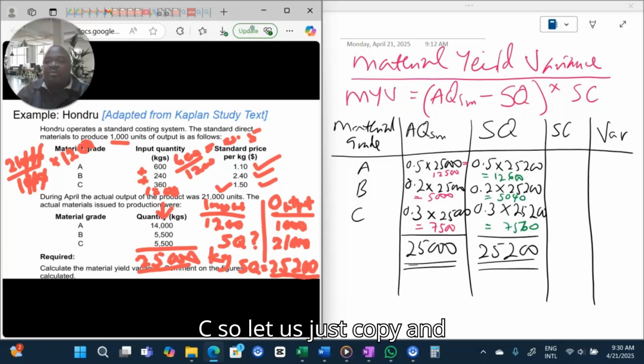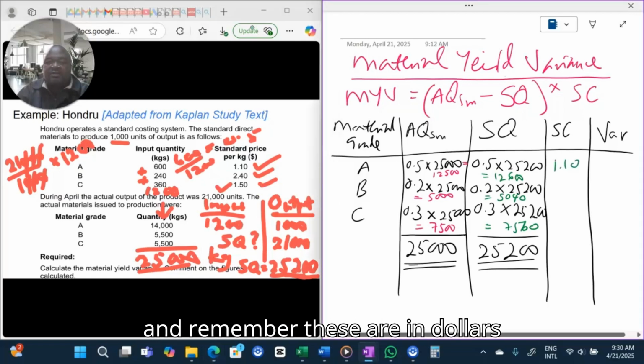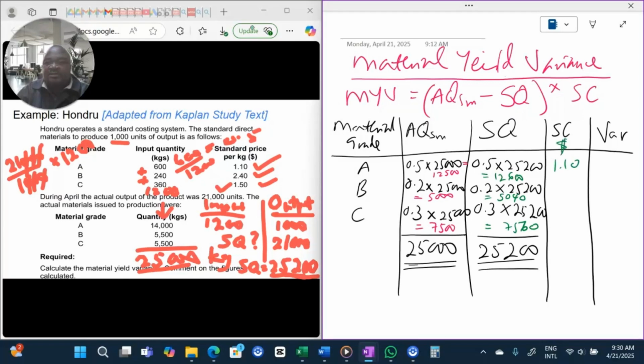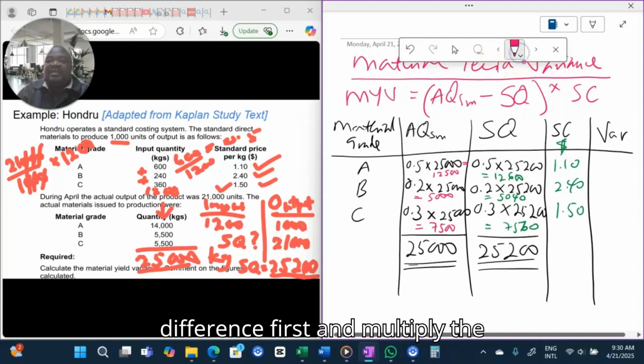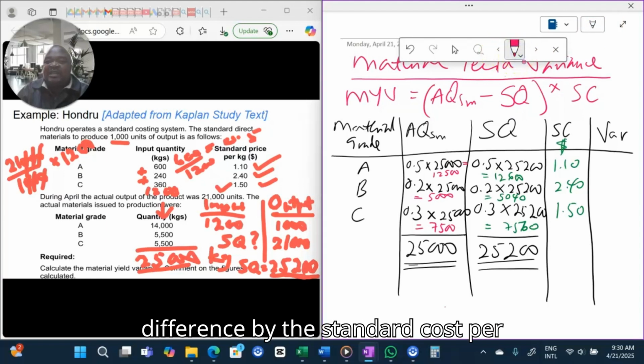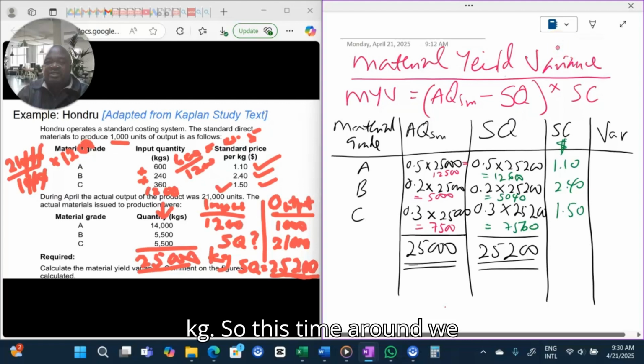So let us just copy and paste 1.1. And remember, these are in dollars. 1.1, 240, 150. So all you need to do now is to get the difference first and multiply the difference by the standard cost per kg.